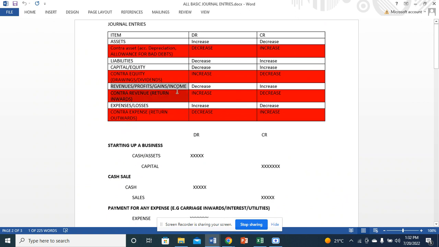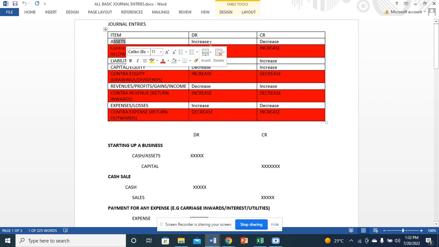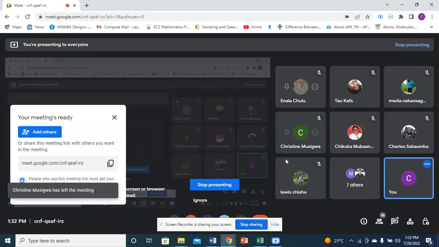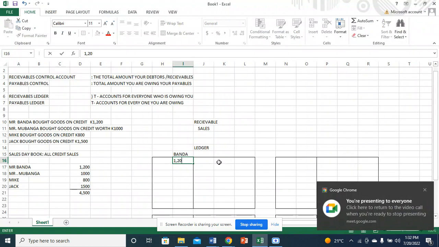Revenue increases with credit, so sales is a revenue account and will increase with credit. Receivables are an asset, so they increase with debit. So each of these you debit.